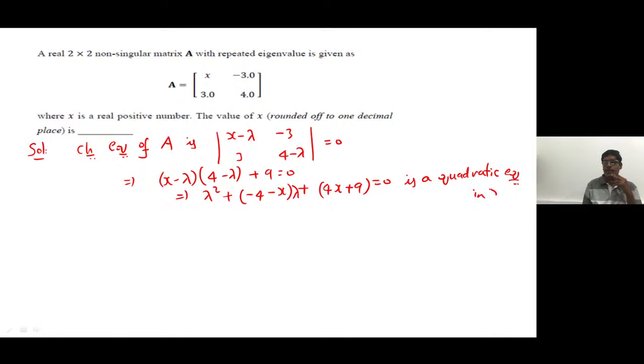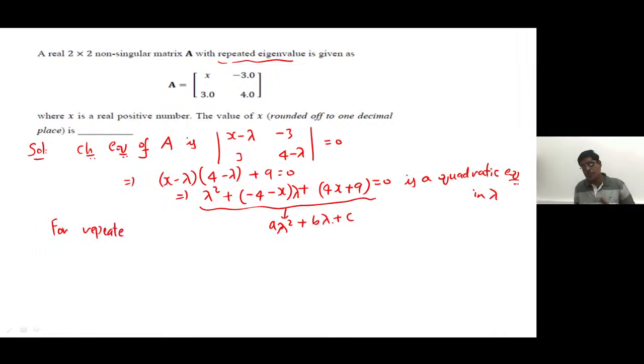Usually comparing with ax square plus bx plus c, that is a lambda square plus b lambda plus c. So here repeated eigenvalue. For repeated, that means in place of x, ax square plus bx plus c, I have lambda. That means lambda values are repeated, so the second degree equation having repeated roots means the discriminant equal to 0. Eigenvalue means here root of this equation.